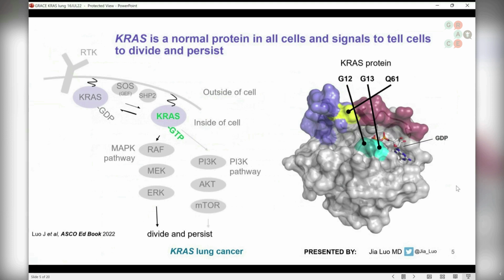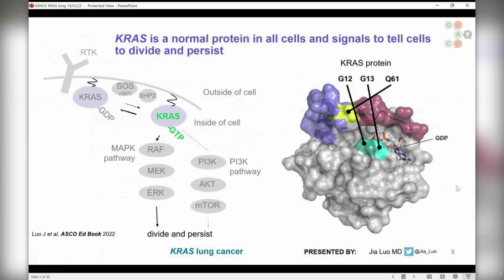So KRAS is actually a normal protein in all human cells. And once KRAS protein is turned on, so that's what I've illustrated here, the KRAS is in purple, and you can see that I put some arrows in. There's an off state of KRAS, which is called KRAS GDP.